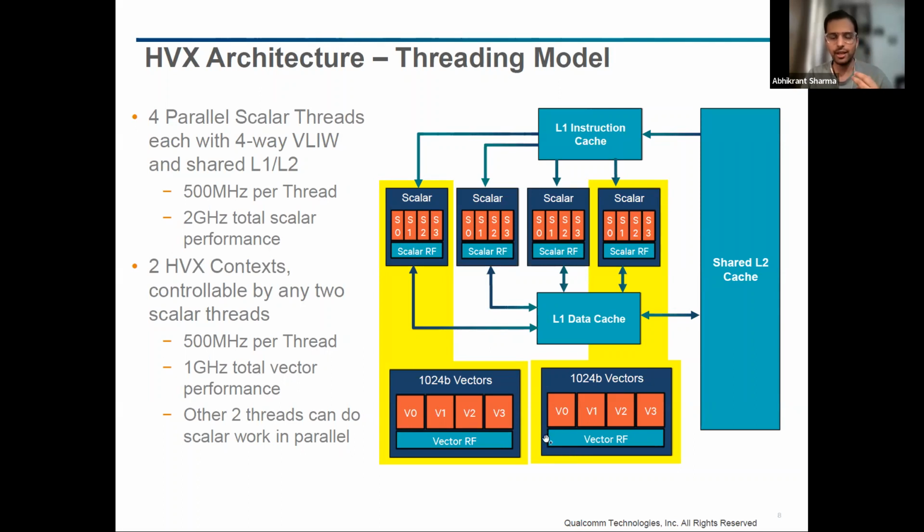So in total, I told you that in one cycle, you can process 4096 bits. When you have 2 such vector units, you have the ability to perform 8192 bits in every cycle, right? And since there are 4 hardware threads available, this HVX vector unit gets mapped to one hardware thread, and there is one more vector unit which gets mapped to this scalar hardware thread.